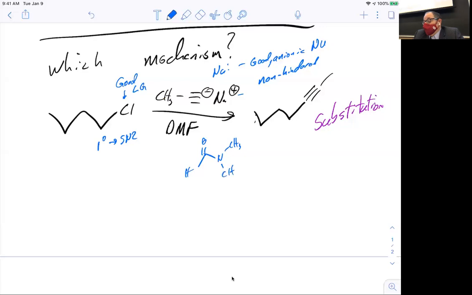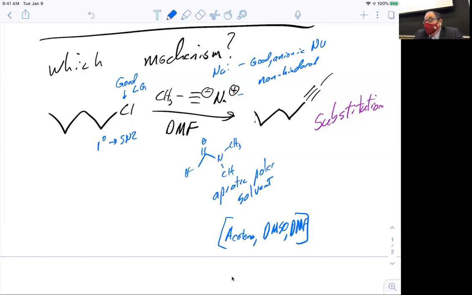It's one of the aprotic polar solvents you'll see. Okay, your class of aprotic solvents that you'll see most often is acetone, DMSO, and DMF. Okay, so it falls into that group.